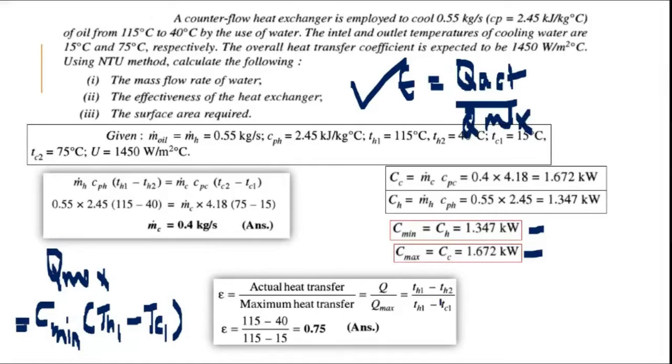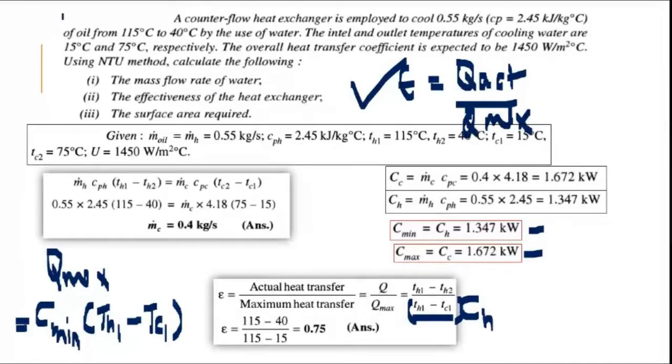Now, when you go to find out the maximum rate of heat transfer, it will be given by TH1 minus TC1 multiplied by C min. So instead of C min, what should I write? CH or CC? CH, because CH is the C minimum value. On the numerator side, we have to write the actual rate of heat transfer.